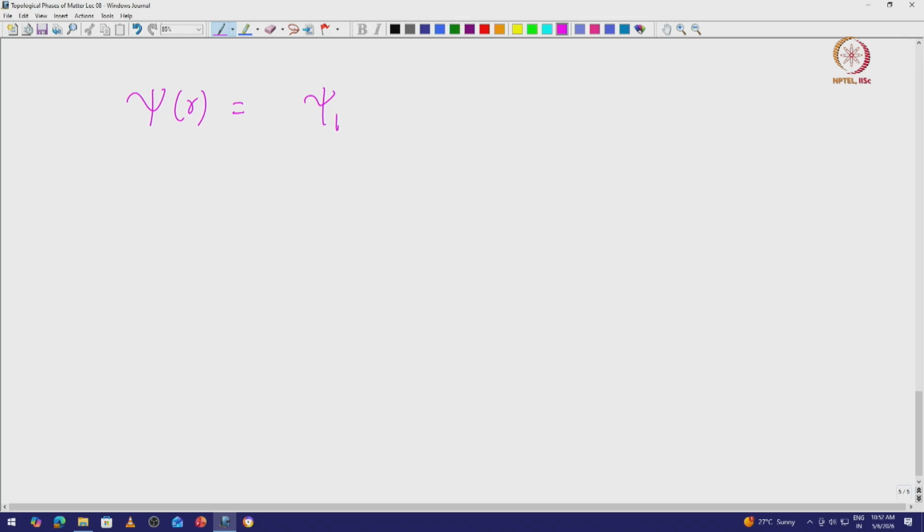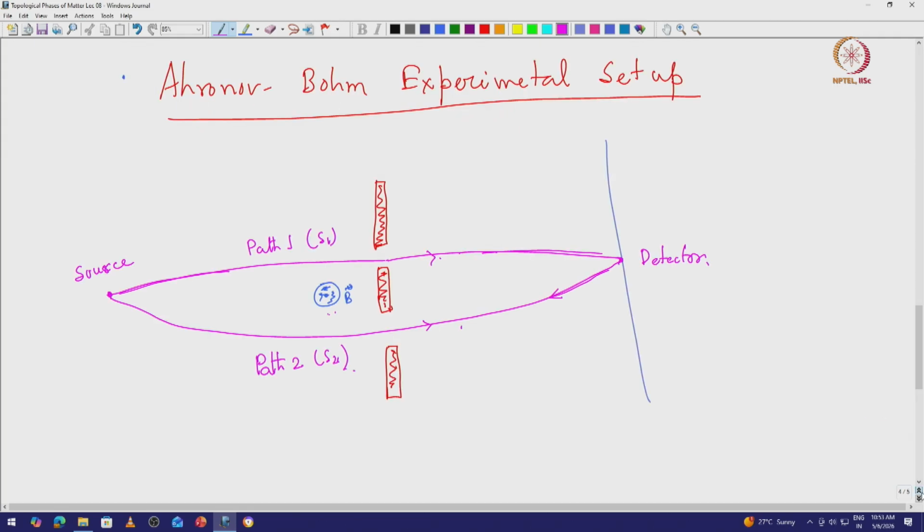Psi 1 from path 1, and R being, let me complete this. So, here I am denoting R, and let us say this is my R0.